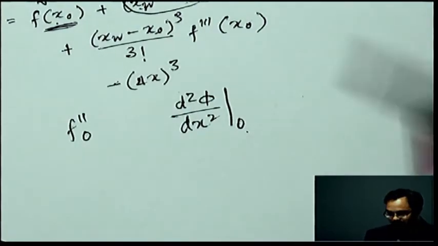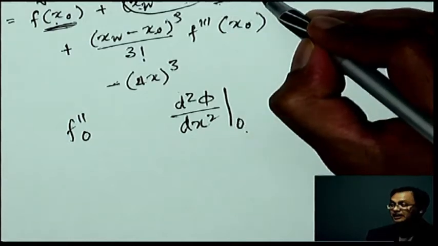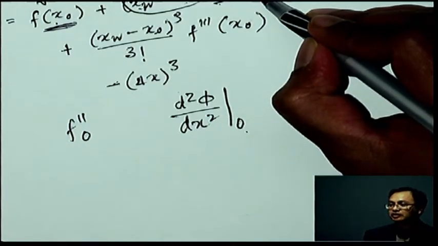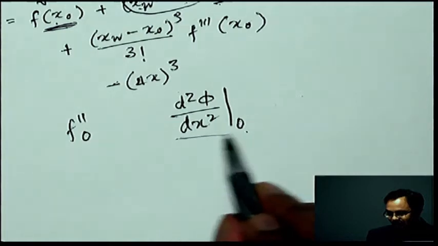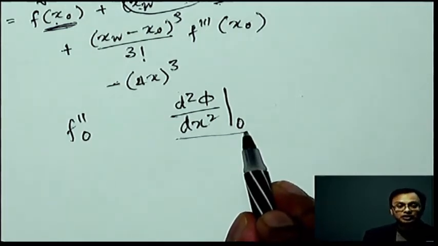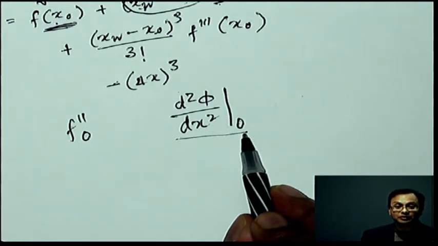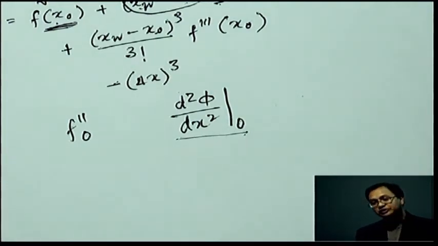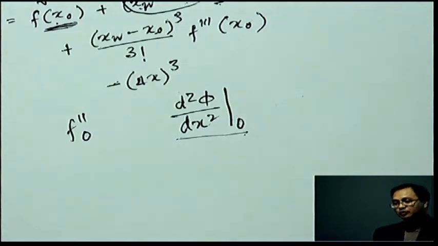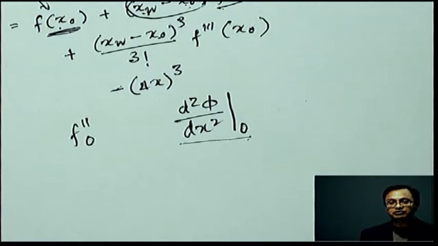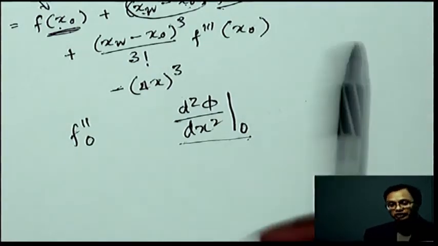I'm interested in the derivative at node naught, so I should use the pivot point as node naught. So how you do the Taylor series expansion, whether it's naught about west or west about naught, is determined by what you are trying to derive. If you're trying to derive the derivative at node naught, then your pivot point better be node naught. If you're trying to derive the derivative at node west, then your pivot point should be node west. Simple enough rule. So just remember that.